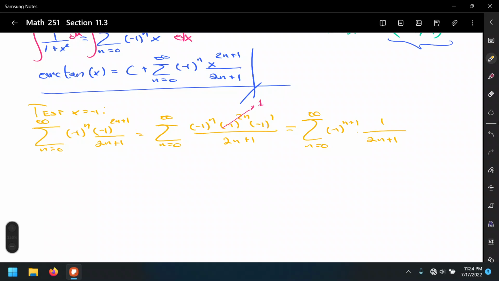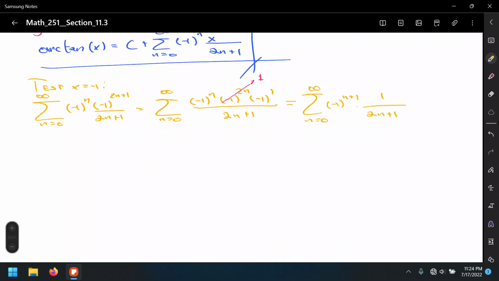Now that we have this series, we need to find a suitable test to determine whether the series converges or diverges. It looks like the alternating series test is a good candidate. Let's write down the first condition: the limit of 1 over 2n+1 as n approaches infinity is 0, so that meets the first condition.